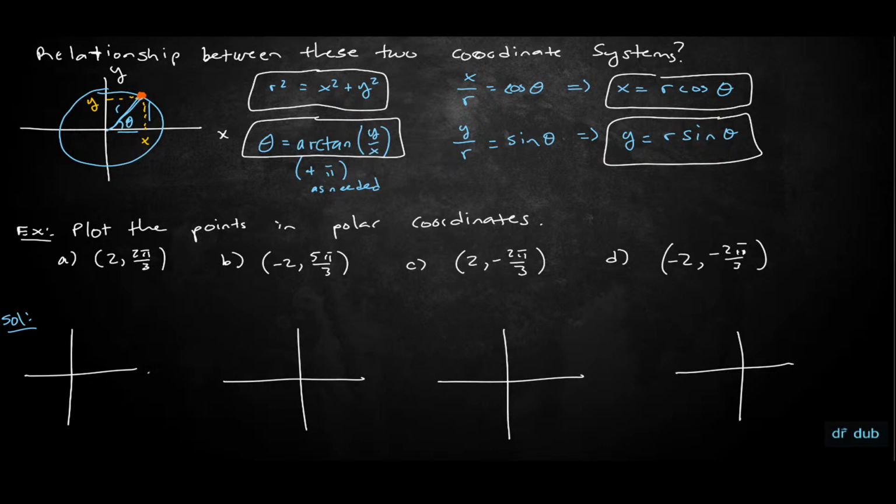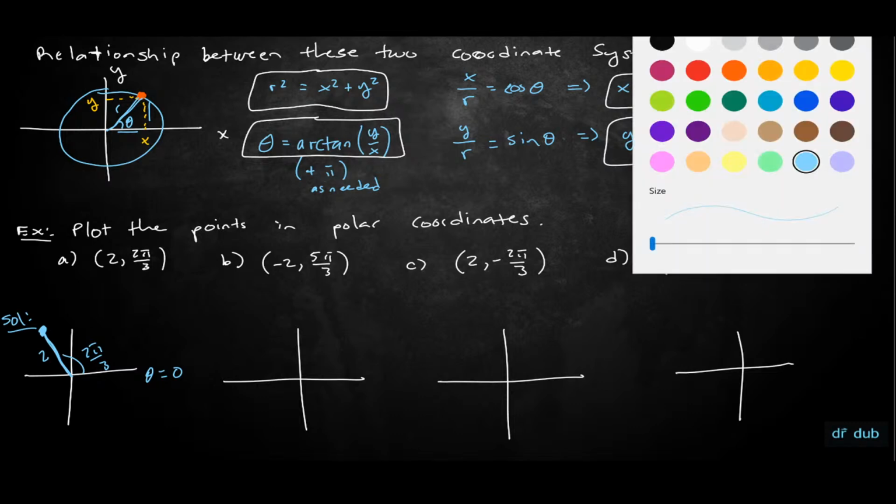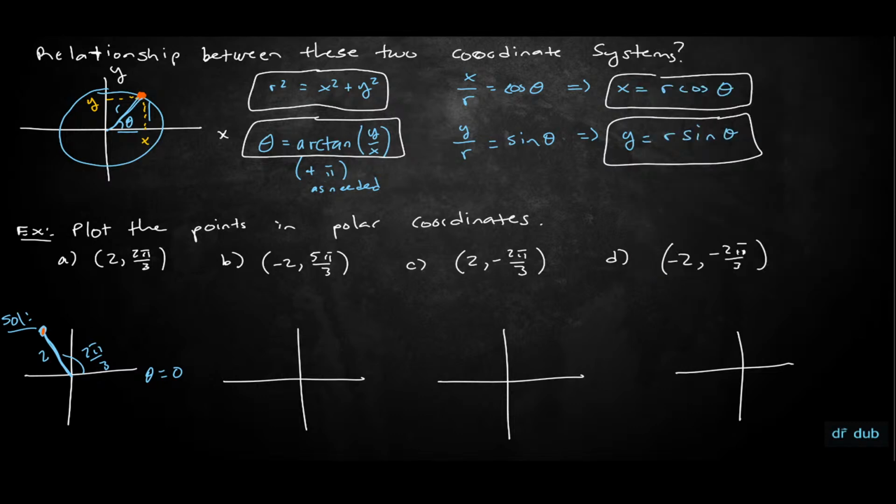Well, that means I need to go from theta equals 0 to theta equals 2 pi over 3, which is right here-ish. So I need to go to the angle 2 pi over 3, and then go a distance of 2 away from that origin in the direction of 2 pi over 3. So that gives us our point 2 comma 2 pi over 3.